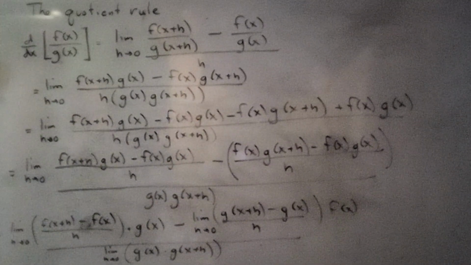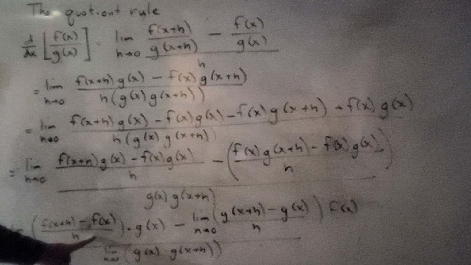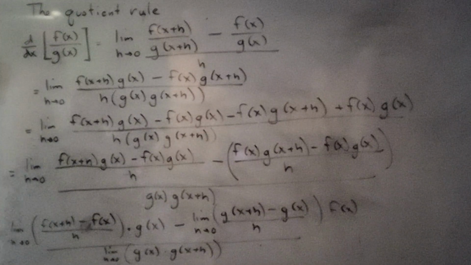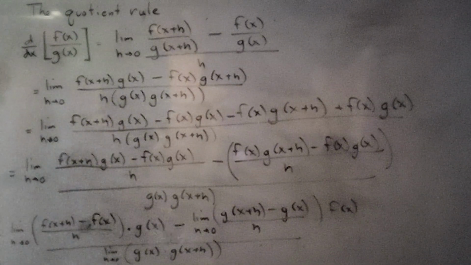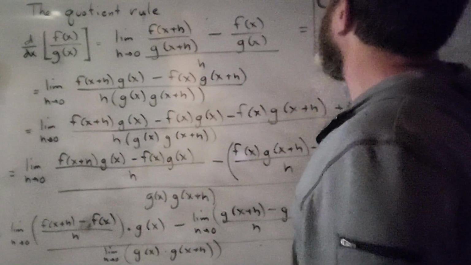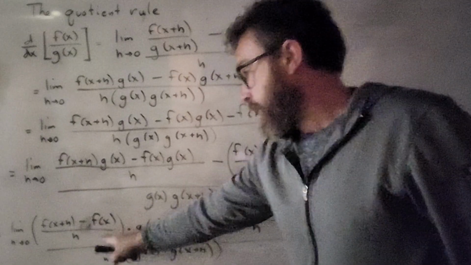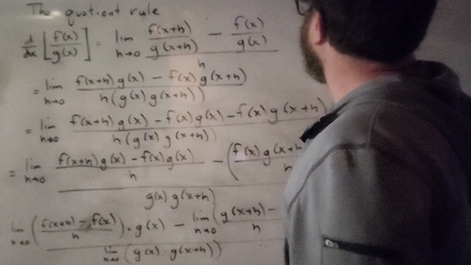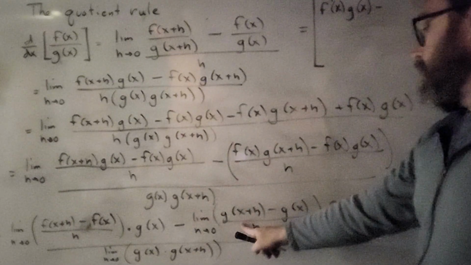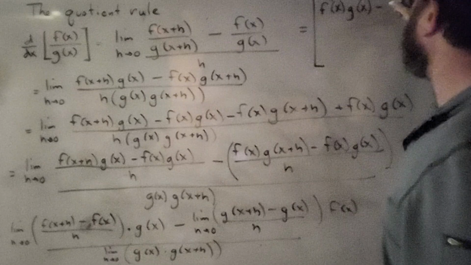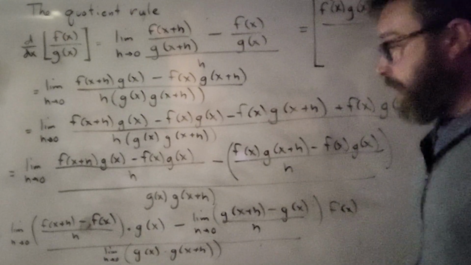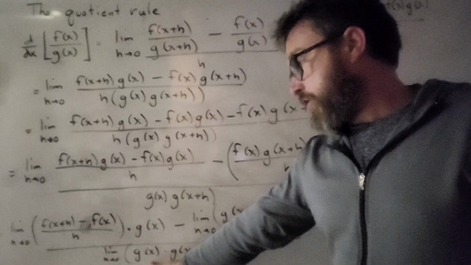So notice that this is f prime, this is g prime. What we get is that original quotient rule: this is going to be equal to f prime g minus f g prime, all divided by, as h goes to 0, this is just going to be g of x.